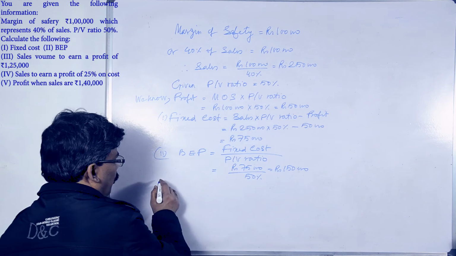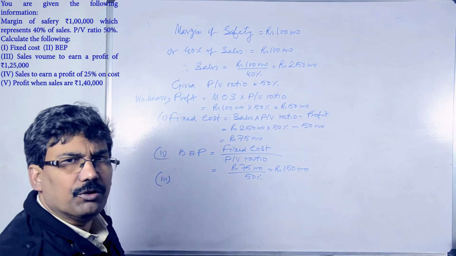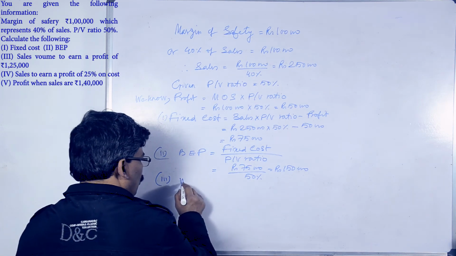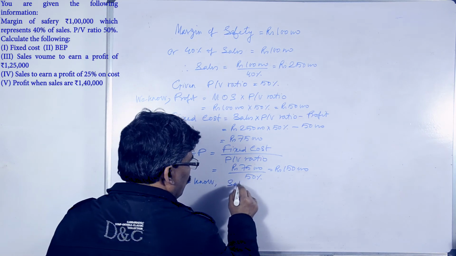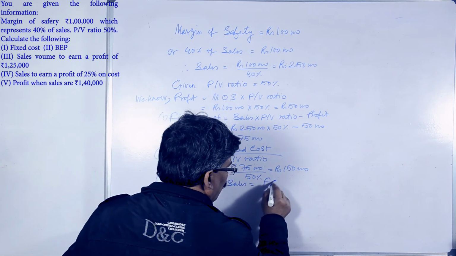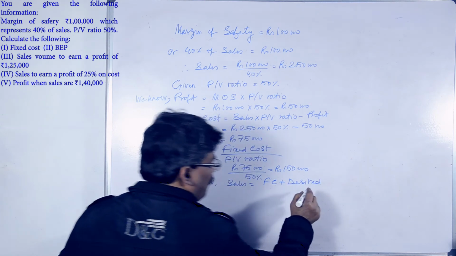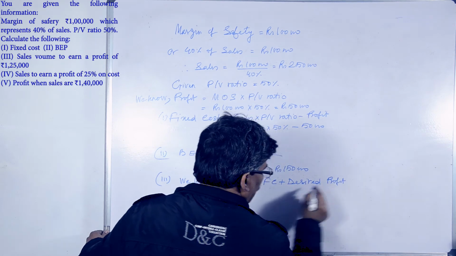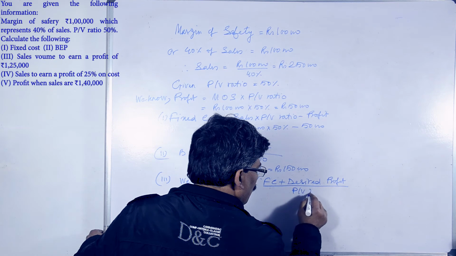Now it is given, we have to find out the sales to earn a profit of rupees 1,25,000. We know sales equals to fixed cost plus desired profit divided by PV ratio.